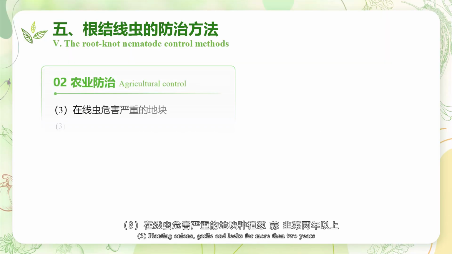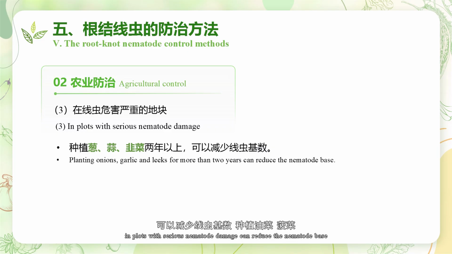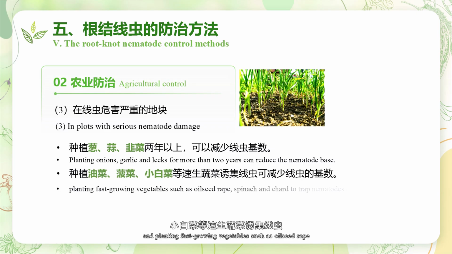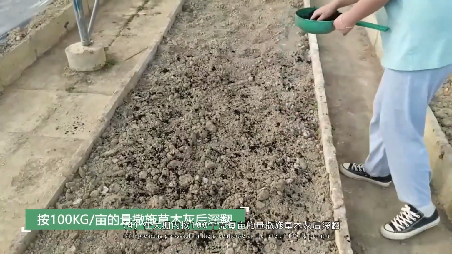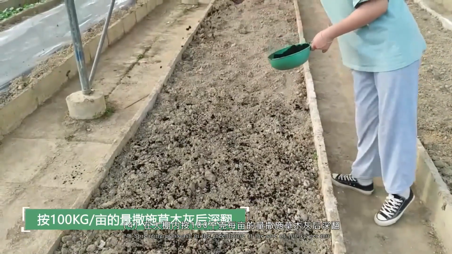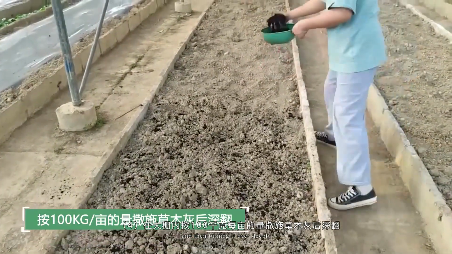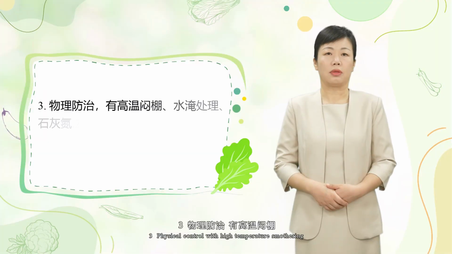Third, planting onions, garlic, and leeks for more than 2 years in plots with serious nematode damage can reduce the nematode base, and planting fast-growing vegetables such as oilseed rape, spinach, and chard to trap nematodes can also reduce it. Fourth, spreading grass ash in the greenhouse at the rate of 100 kilograms per mu, then turning it over deeply can control the occurrence of root knot nematodes. 3.